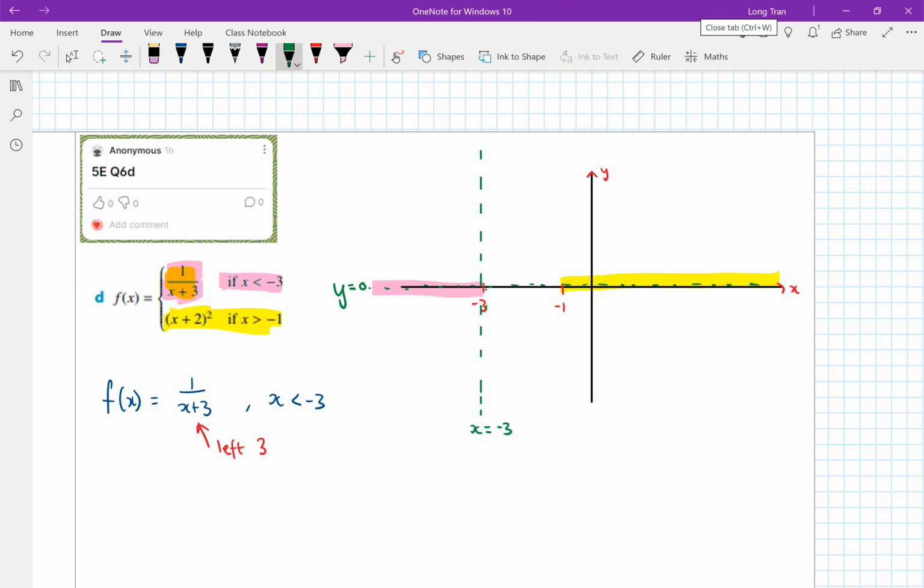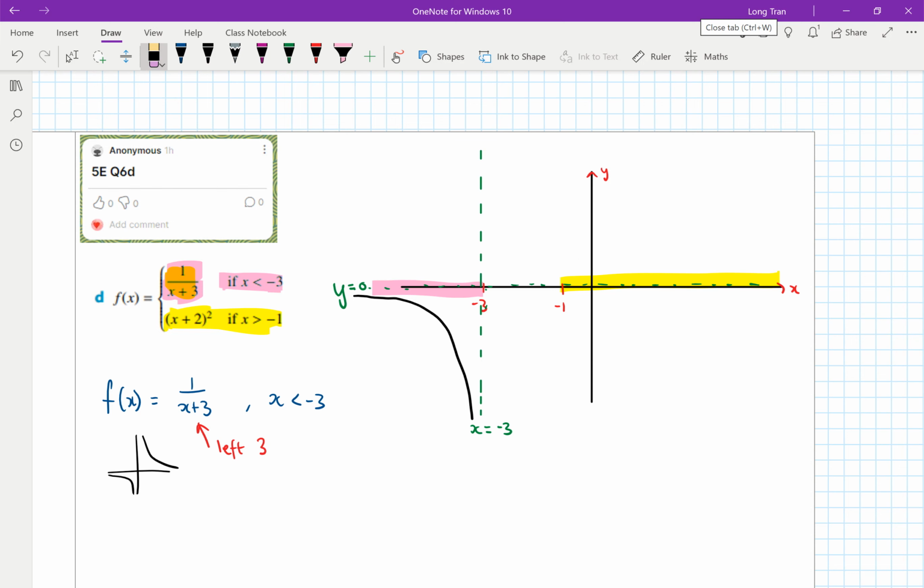I know the graph is a positive graph, so you can expect the shape to look something like this. I'm only sketching that side because I need x less than -3, so this side of the graph doesn't exist. That's my graph for the first component.